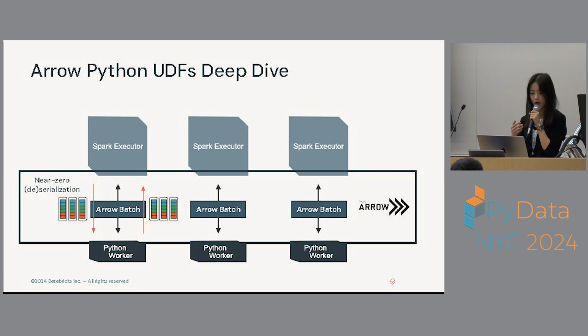So here is how it works. Spark first converts a batch of internal rows into Arrow record batches, and then streams them to the Python worker side. The Python worker uses them for the UDF execution, and once it's completed, sends them back to the JVM using the same Arrow format.